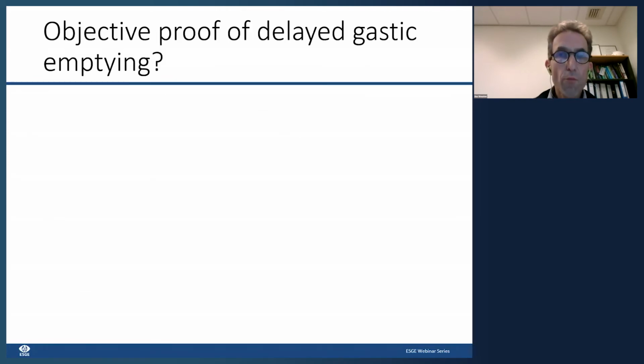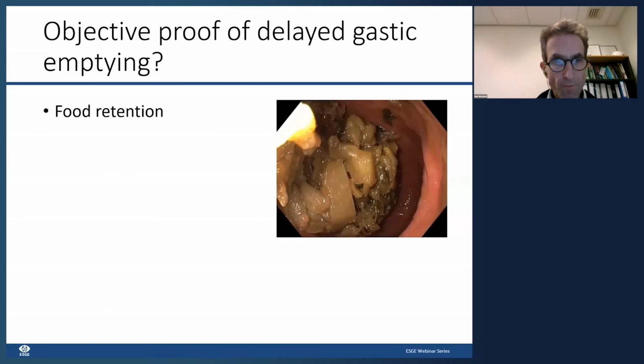But what is an objective proof of delayed gastric emptying? Well, if you have an endoscopy in an appropriately sober patient, so a patient who didn't eat for 6 hours, then you can say that the gastric emptying is significantly delayed.